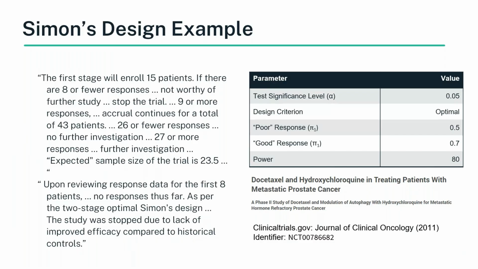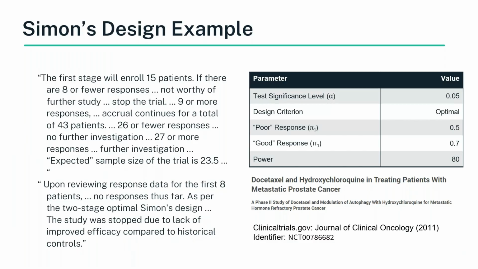So the layout for the trial was as follows. They planned to have a first stage of the study, which saw the enrollment of 15 patients. And after the responses of these patients are recorded, and the total number of responses seen up to this interim stage are added up, that is then compared to the cutoff value of 8, where if 8 or fewer responses are observed, then the trial will be stopped for futility.